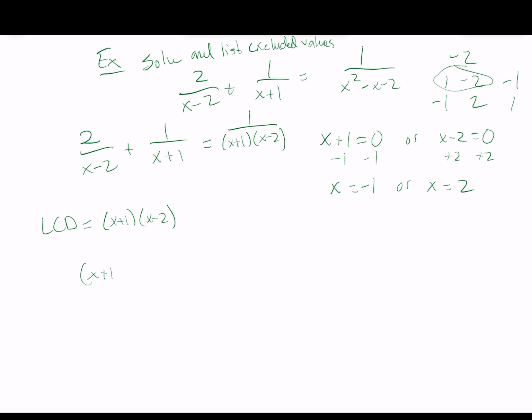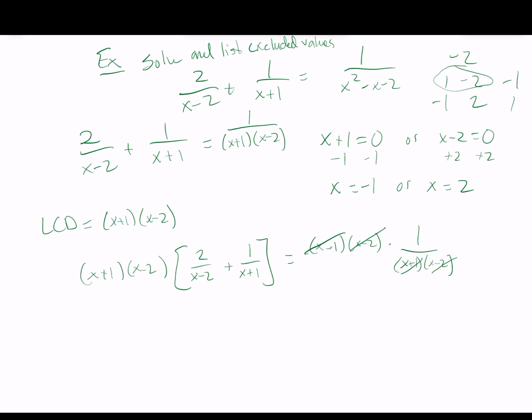So x plus 1, x minus 2 times 2 over x minus 2 plus 1 over x plus 1 is equal to x plus 1, x minus 2 times 1 over x plus 1, x minus 2. Well, on the right-hand side, everything will cancel out. The x plus 1s cancel, and the x minus 2s cancel, so I'm just left with 1.